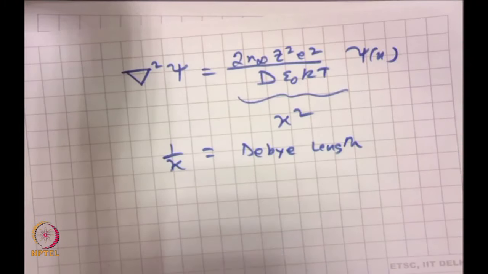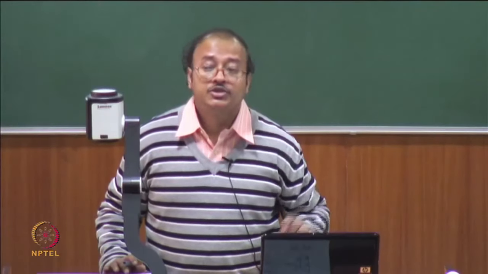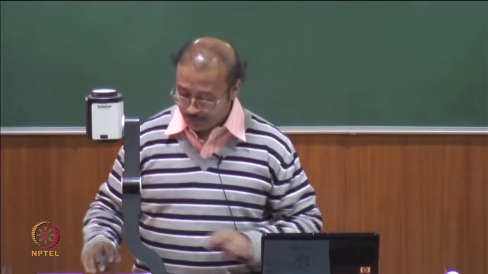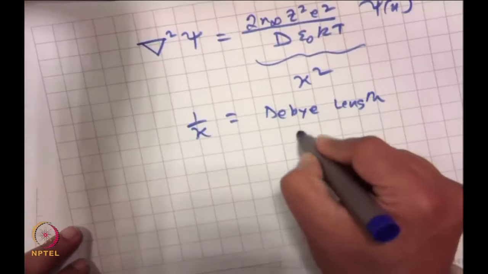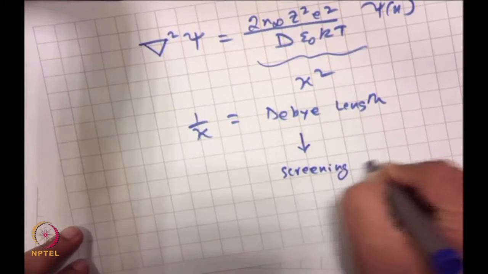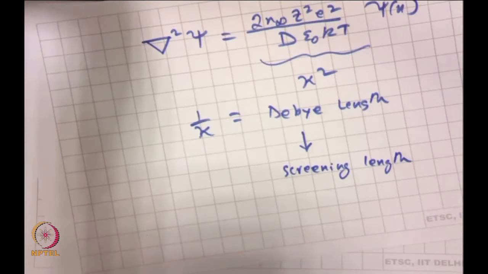At this length your ion would still feel the influence of the charge of your plate, but if you go beyond this, it diminishes drastically and almost feels no charge. That is why this is also known as your screening length.